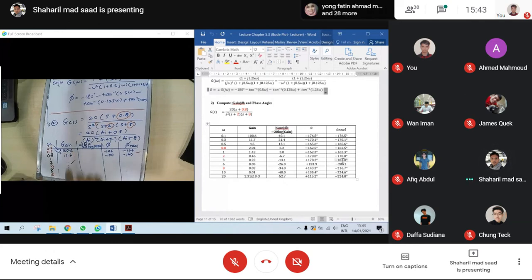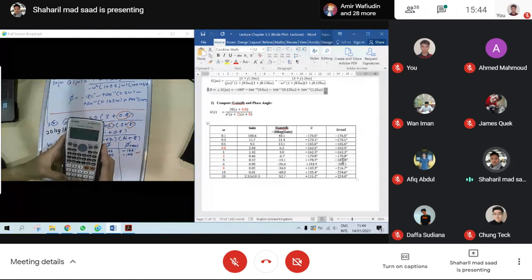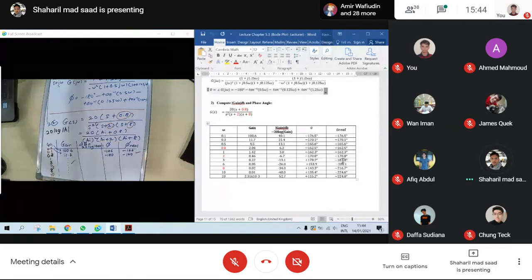So you put 20 log, put the unknown value as A, and then press calculate. Put in 100.6, now you got the value 40.